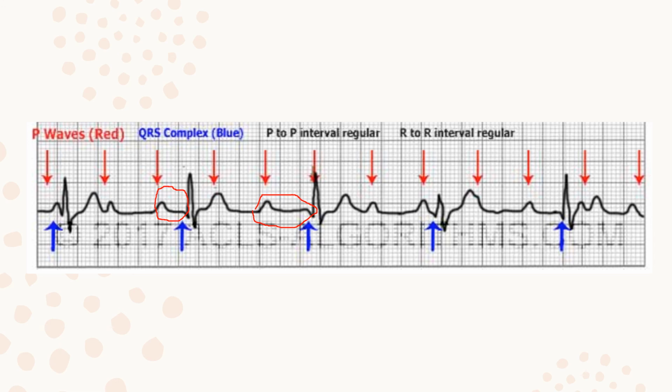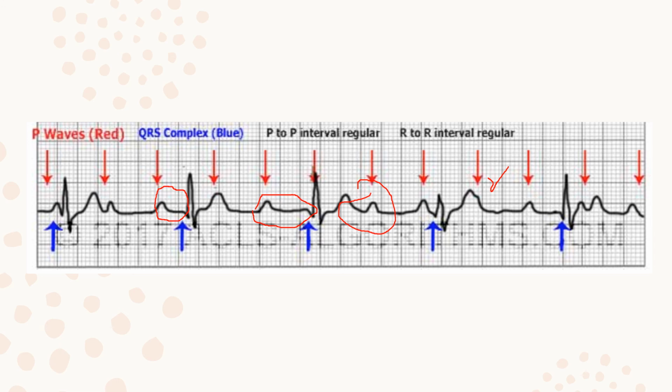Let's say you think, oh, well, there's where it dropped. The issue is that your R to Rs are regular. Your QRSs are coming in on time. Your P waves are regular. If this were a Wenckebach, you would have a pause. Your R to Rs would not be regular, okay?